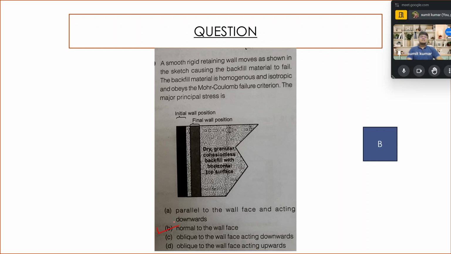In that case, the wall moves away from the soil, the soil gets relaxed, and the stress in that direction is released. So that direction becomes the minor principal stress, and the stress in the vertical direction due to gamma z is going to be the major principal stress. Okay, so things will be clear up to this. Now we will move ahead.